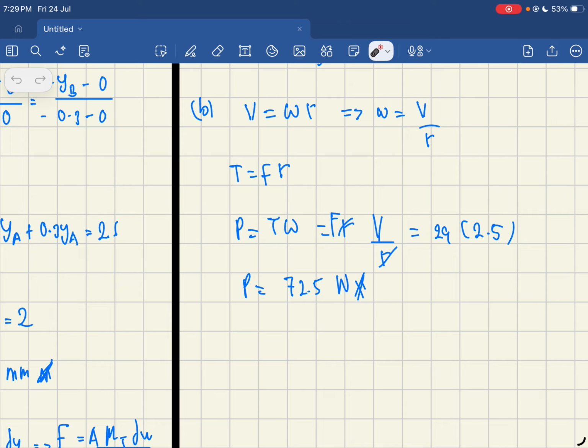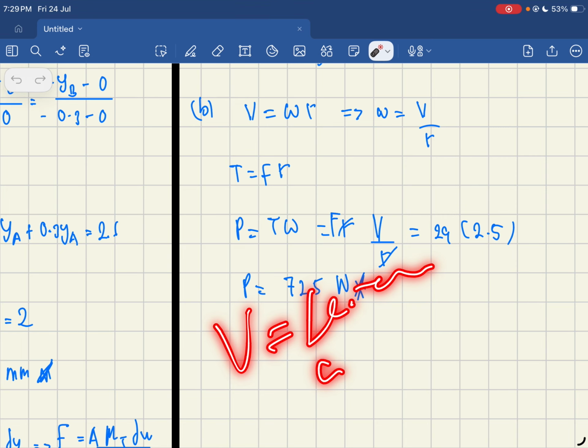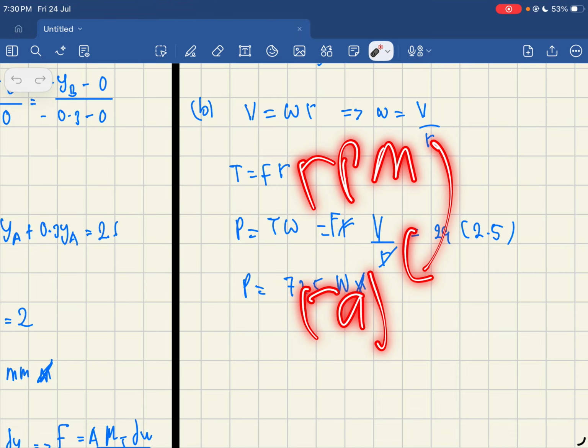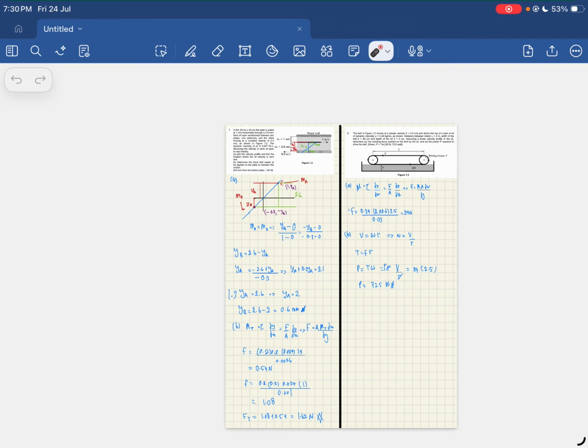Just take note, V in here refers to linear velocity, and omega in here refers to angular velocity. In every calculation, especially when using this equation, you need to use omega in radians per second instead of revolutions per minute. If you've been given RPM, you need to convert into radians per second first.